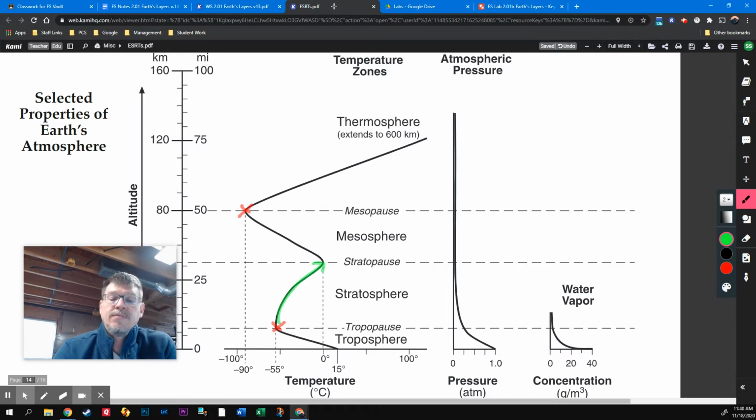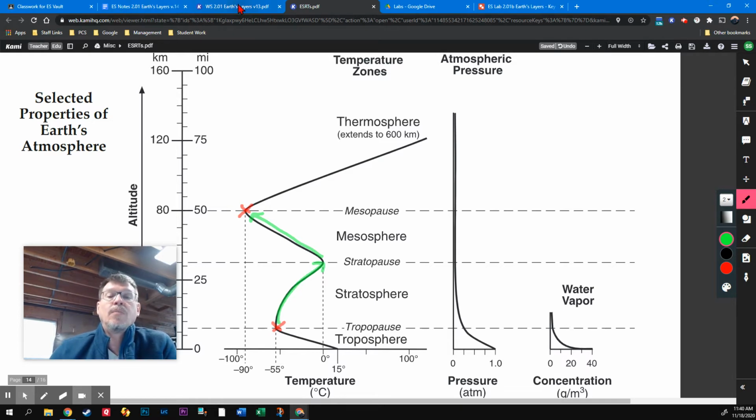It's going to go from -55 to 0. But then it's going to dip back down to -90. So the behavior of the temperature between the tropopause and the mesopause is that it's going to increase and then decrease.